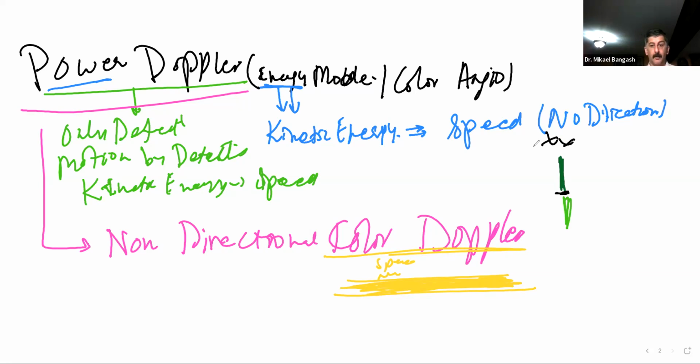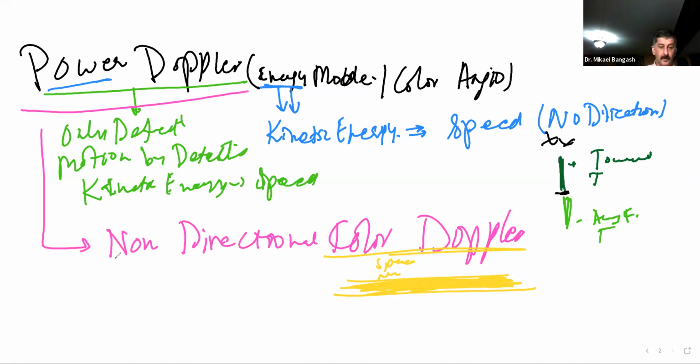Because what was the positive and negative? The positive was the direction of flow towards the transducer, whereas the negative just indicated the blood was flowing away from the transducer.